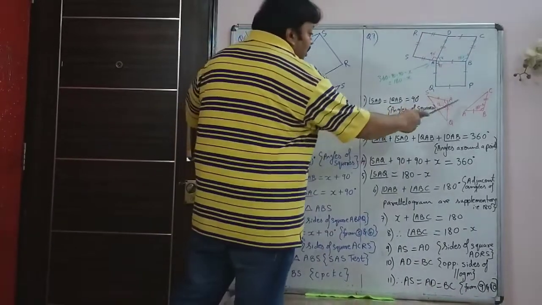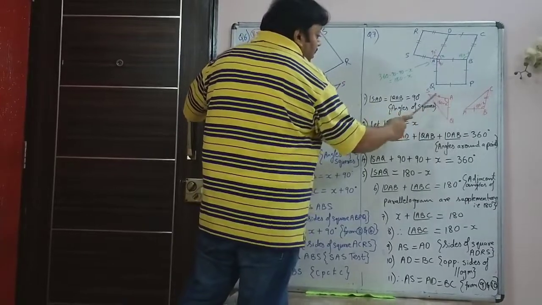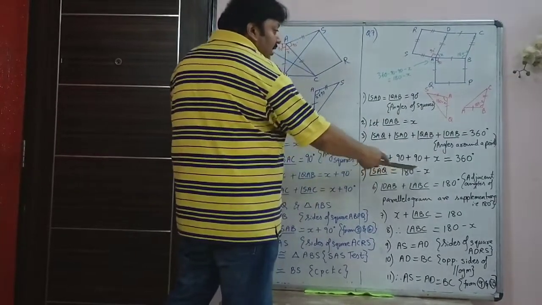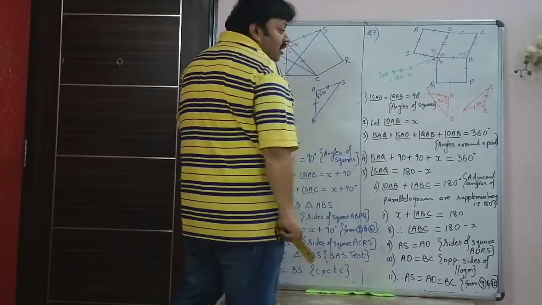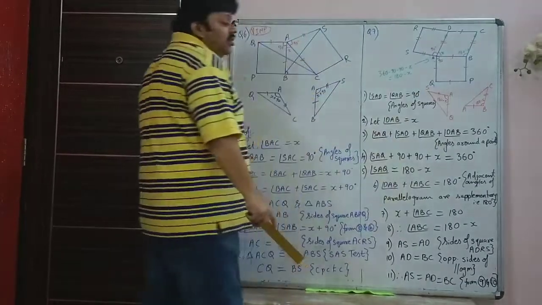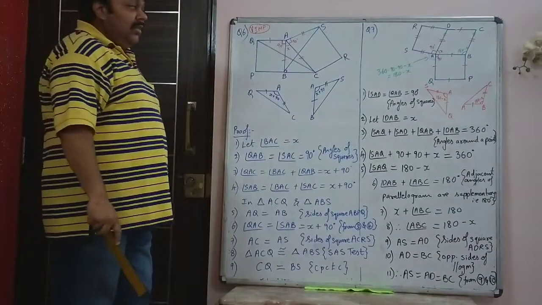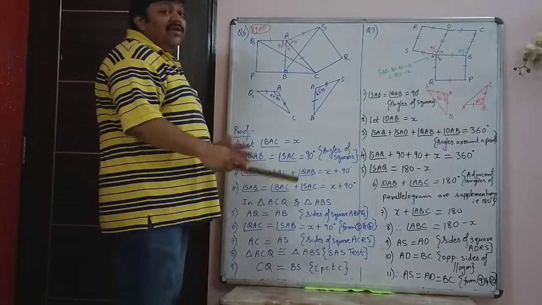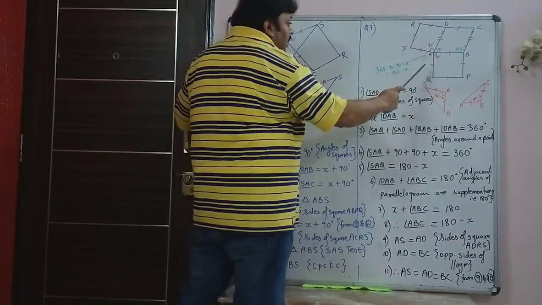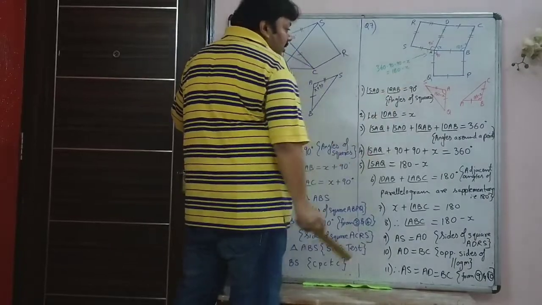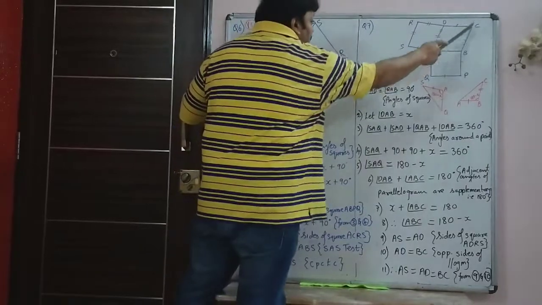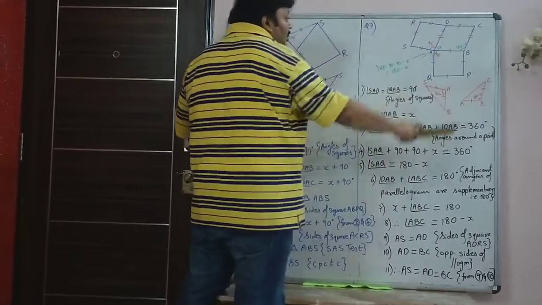So now in these two triangles you have these two angles: SAQ, which you proved is 180 minus x, and ABC is also 180 minus x. So we have got one pair of angles which are equal. Then SA is shown by a double line, equal to BC, which is also shown with a double line.